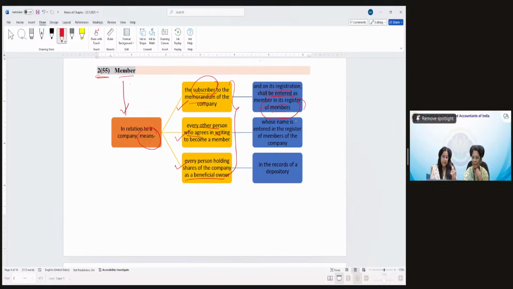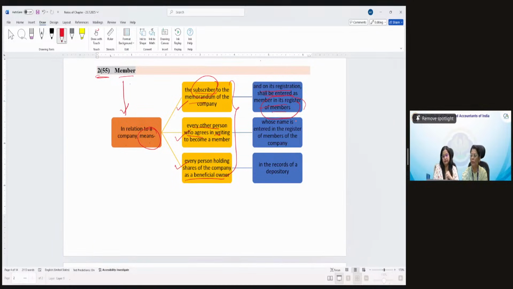So just keep in mind, though in common parlance we use the words member and shareholder interchangeably at many places, this is a basic difference. Until and unless your name is registered as a member in the register of members, you cannot be said to be a member of the company.